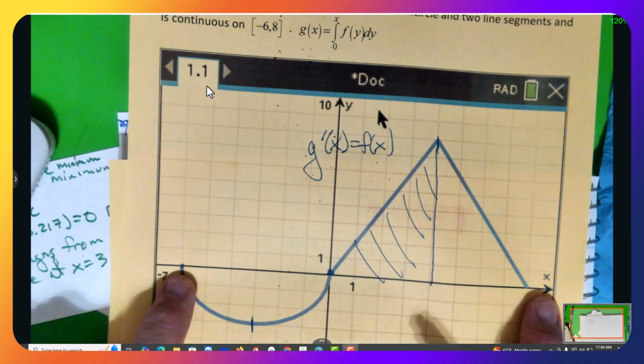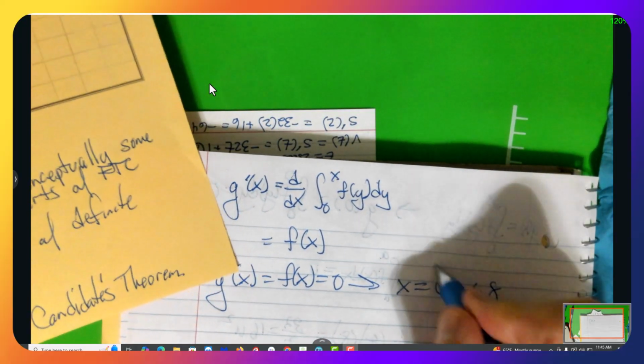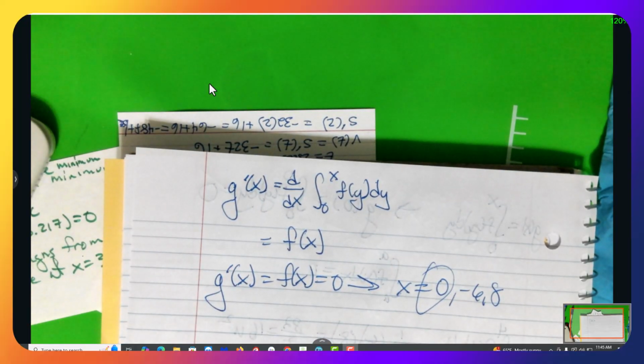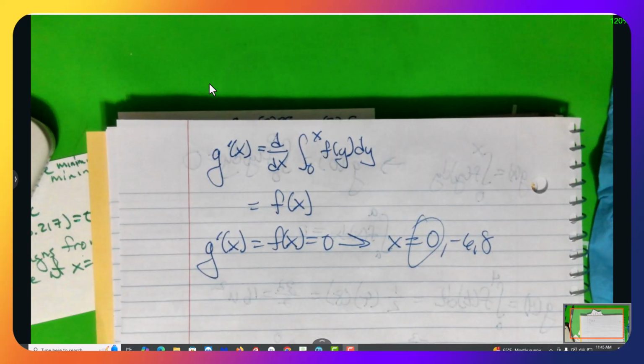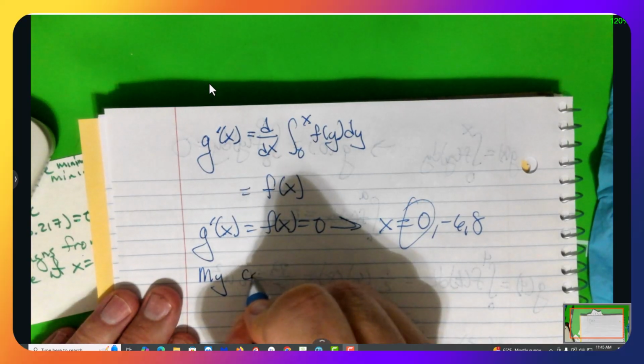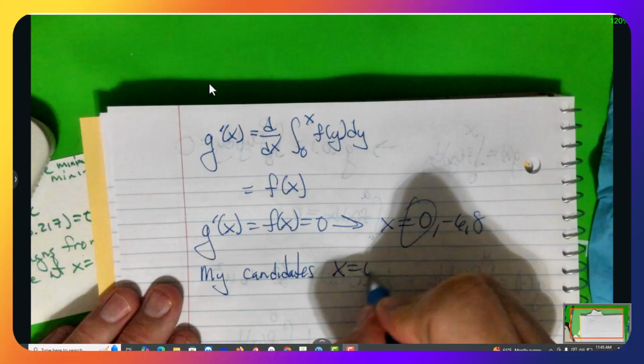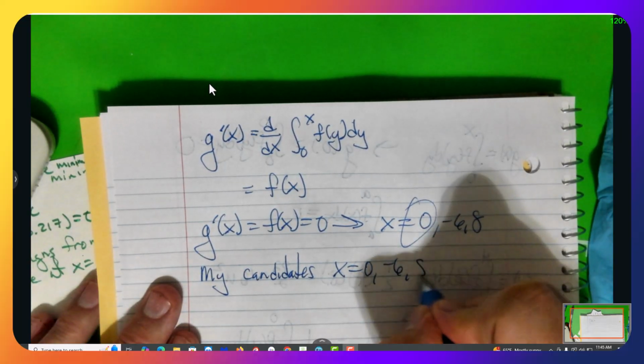Yes, it's also 0 at -6 and 8. I guess, okay, I'll make you happy. I'll put those in, even though that's really the one I want. Okay. So my candidates are x equals 0, -6, and 8.